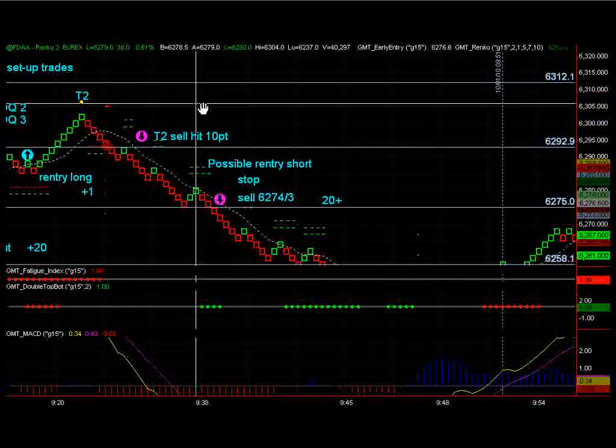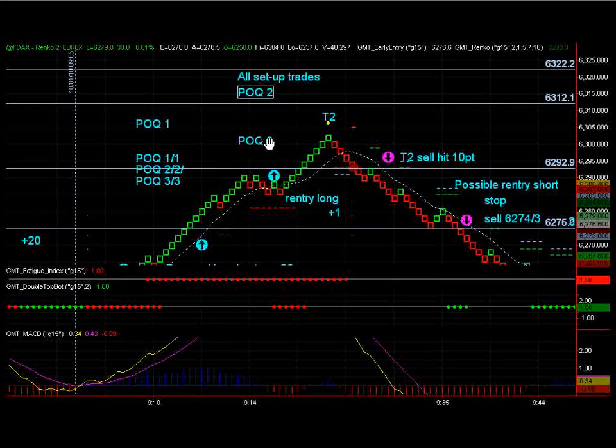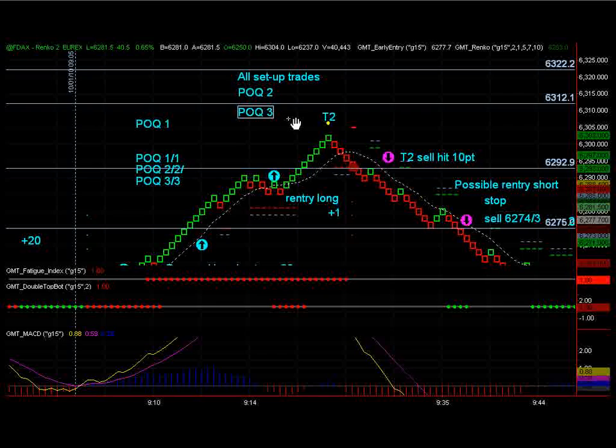So that was definitely all trade setups. Power of quitting 2 or power of quitting 3 is around about 76 points today, just in that 2-hour bracket.